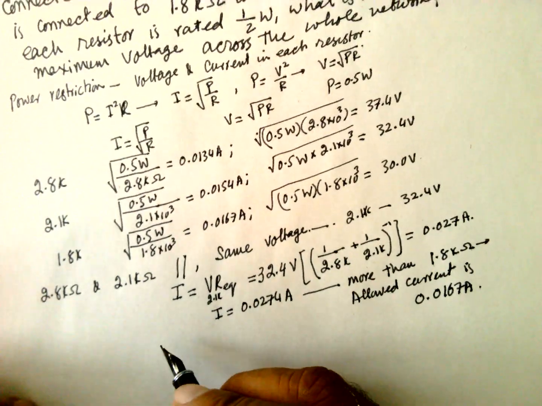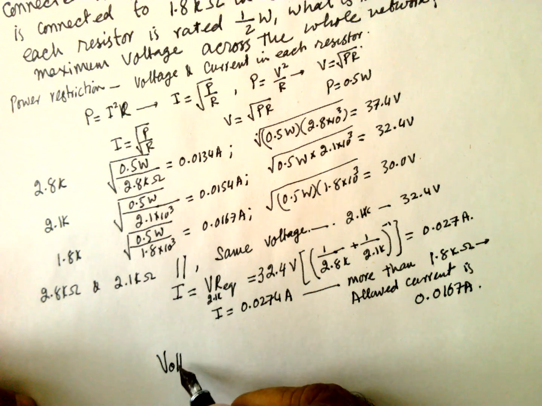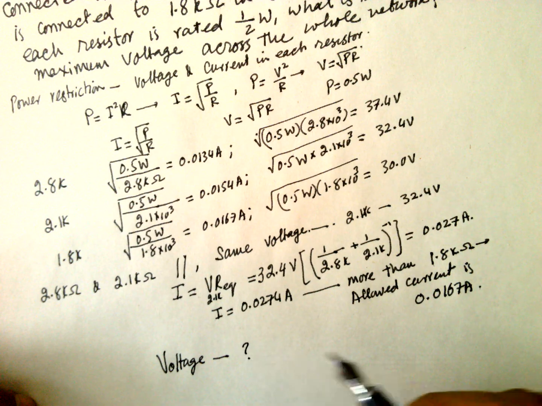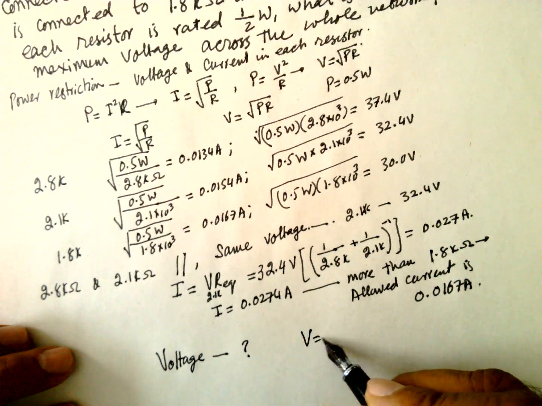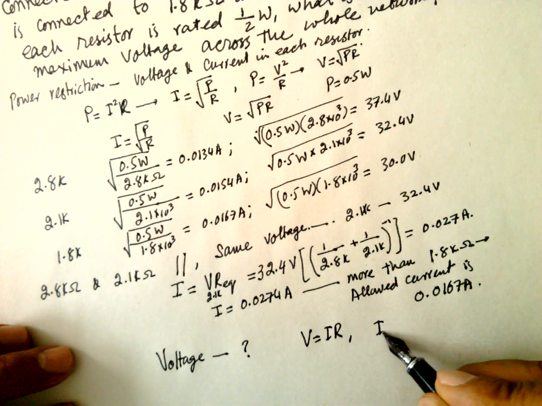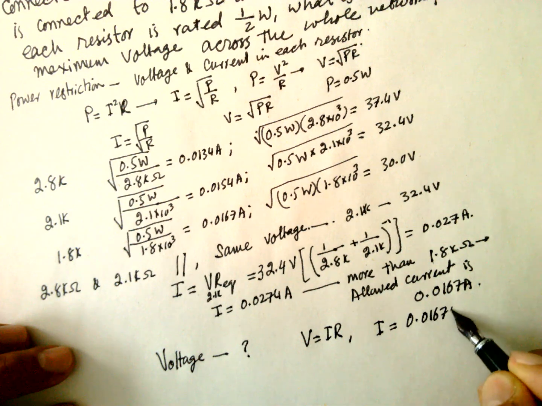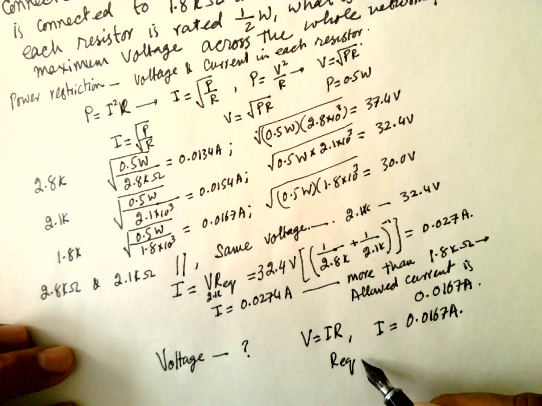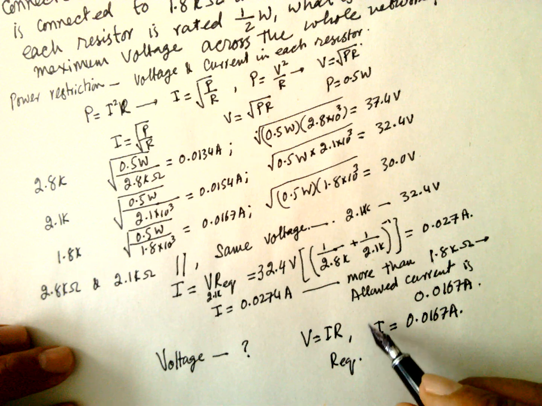So now we have to find the voltage for the network. So V is equal to IR, and I is equal to this one, 0.0167 amp, and R equivalent is this.